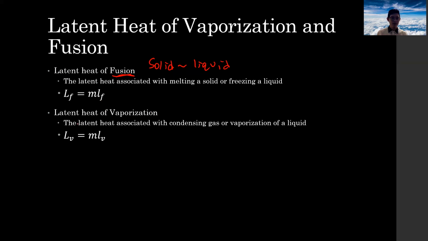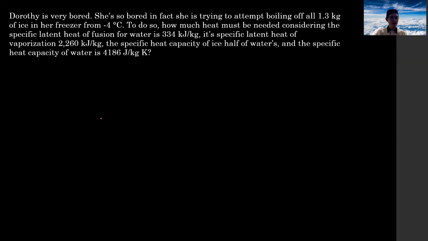Well, the latent heat of vaporization is the latent heat associated with condensing gas into liquid or vaporizing a liquid into gas. And each of them follows this formula, which is the total amount of heat, we write as LF and LV, is equal to mass times the specific latent heat of fusion or the specific latent heat of vaporization. So let's try.